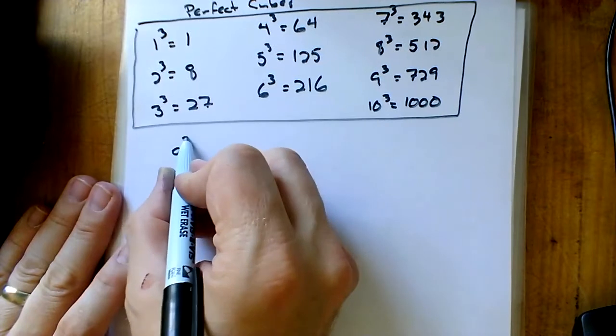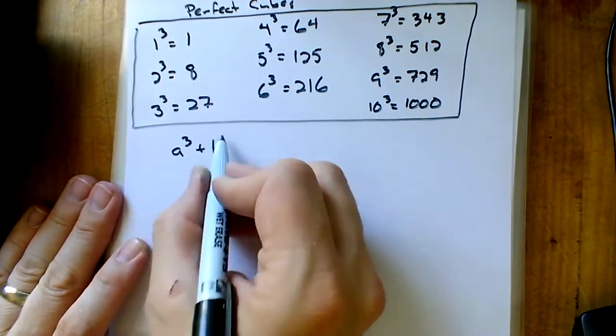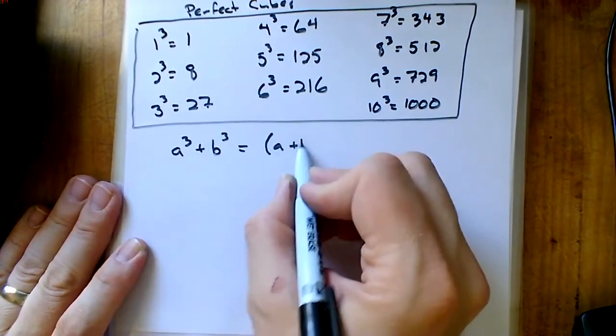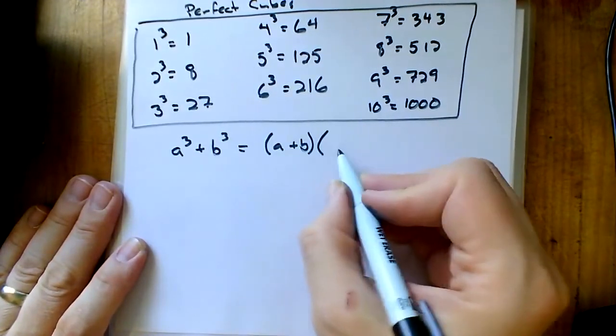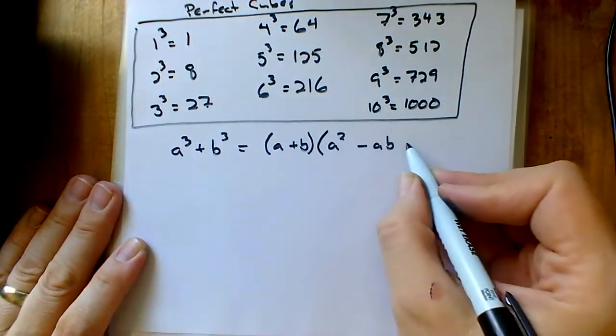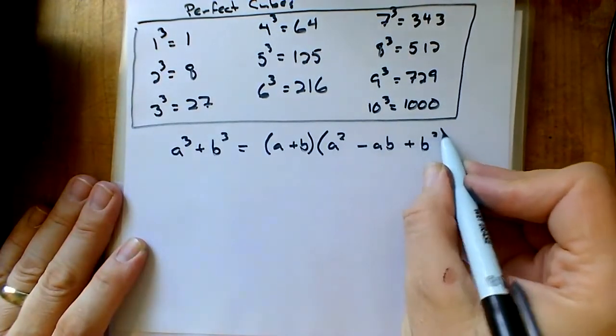So if I've got a cubed plus b cubed, this is going to turn into a plus b times a squared minus ab plus b squared.